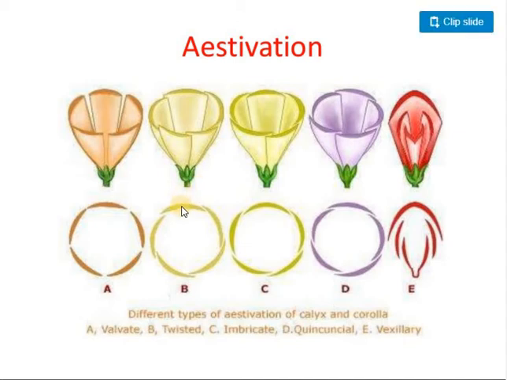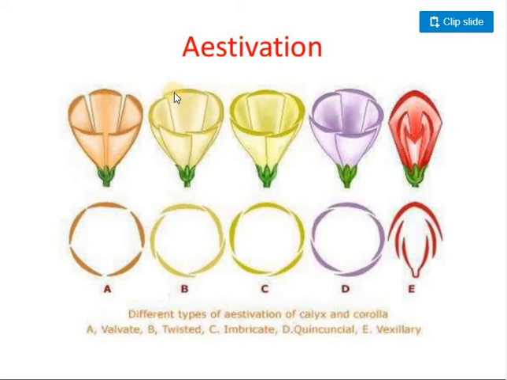And in the second case, if you see this diagram, here the margins of the sepals and petals are showing an overlapping. One end of the petal is inside, see this, and the other end is outer.